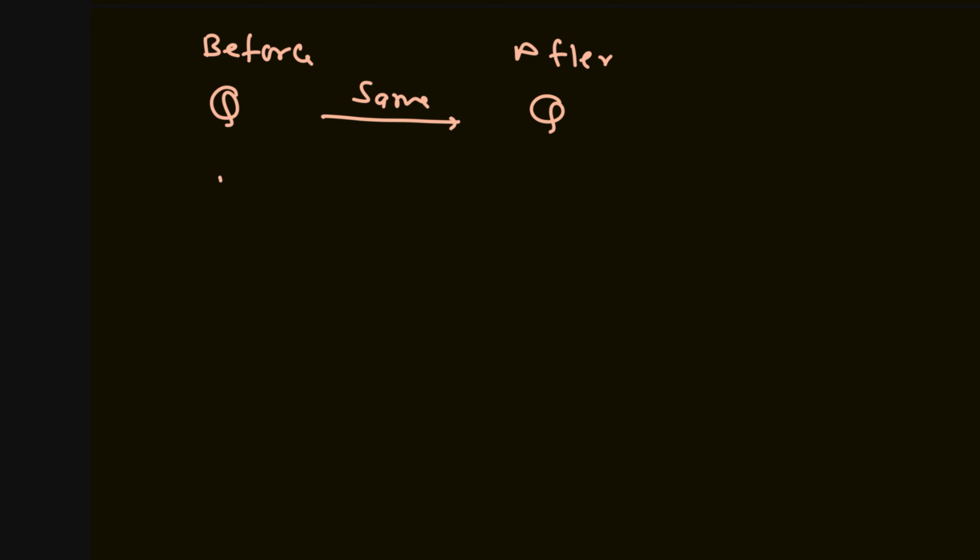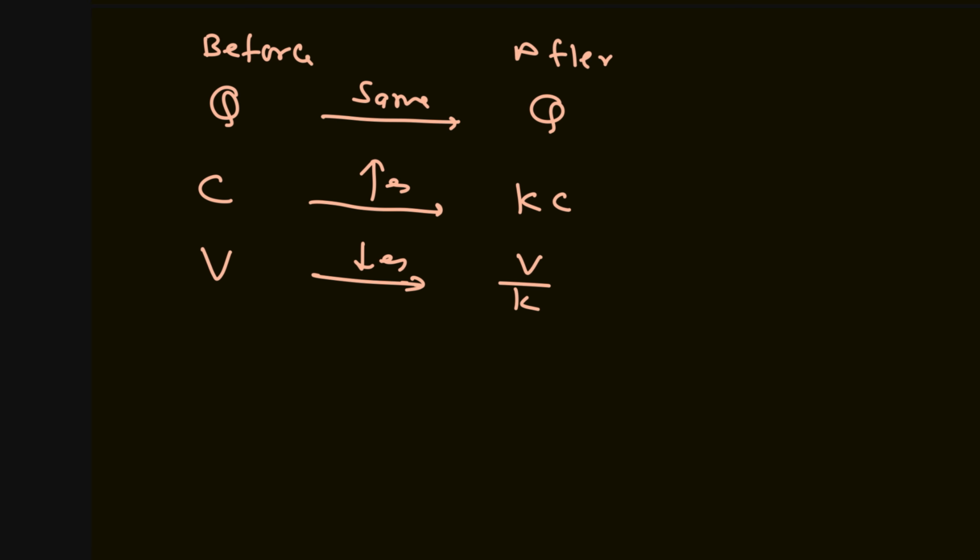Then C increases, capacitance increases and becomes K times C. Potential V decreases, V by K times, 1 by K times. And electric field E becomes E by K, that also decreases.